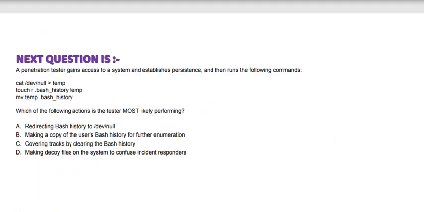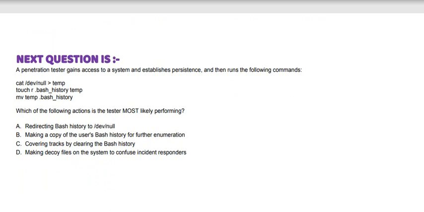Next question is: a penetration tester gains access to a system and establishes persistence and then runs the following commands. Please see the command. Which of the following actions is the tester most likely performing? Option A, redirecting bash history to /dev/null.